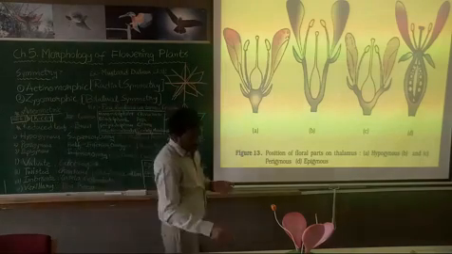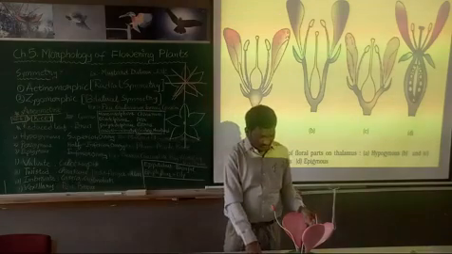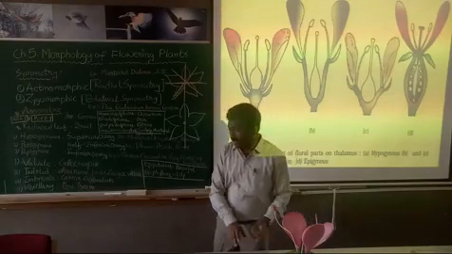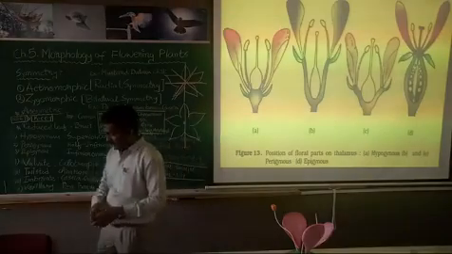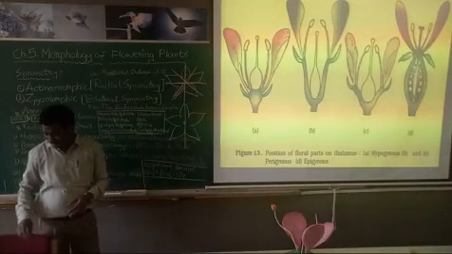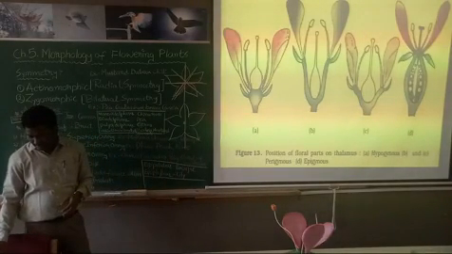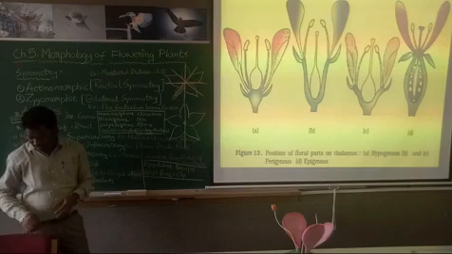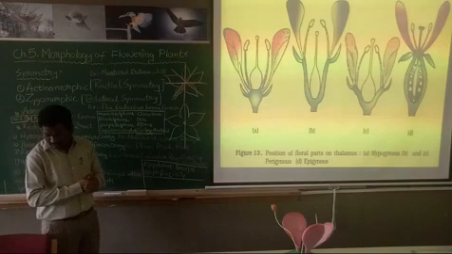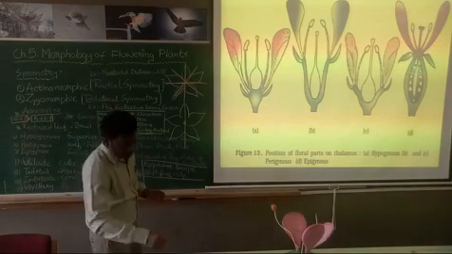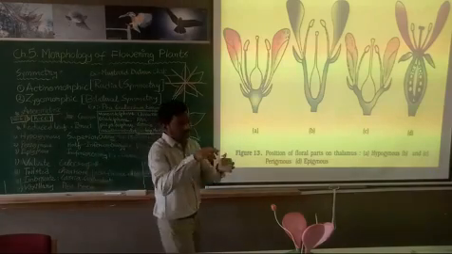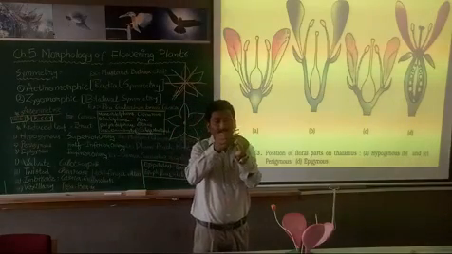Next, one more important point to be discussed. A modified part in a flower is called a bract. Bract is nothing but a modified leaf. Here you can see the flowers and leaves.